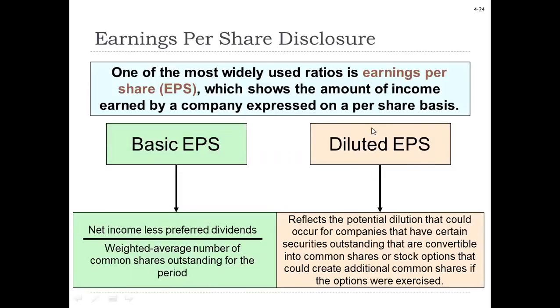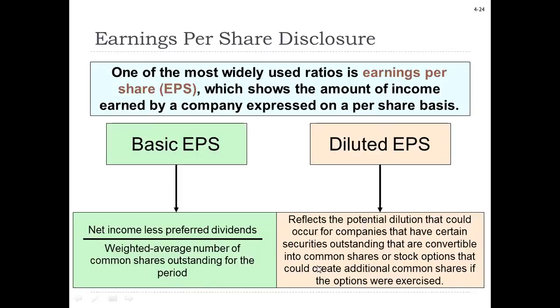Diluted earnings per share basically takes the number of common shares outstanding and adds to that the potential number of common shares if all of the people who have the option of changing their securities into common stock decided to do that.